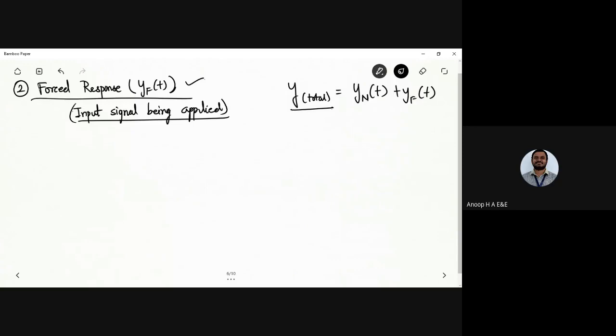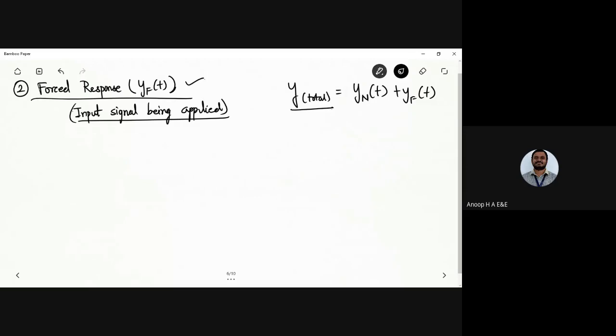Okay, so the forced response is generally again dependent on the input signal being applied. So how are we going to find out the constants that are present in the forced response? Again, you are going to have the table. The initial conditions to find out the forced response are also required.